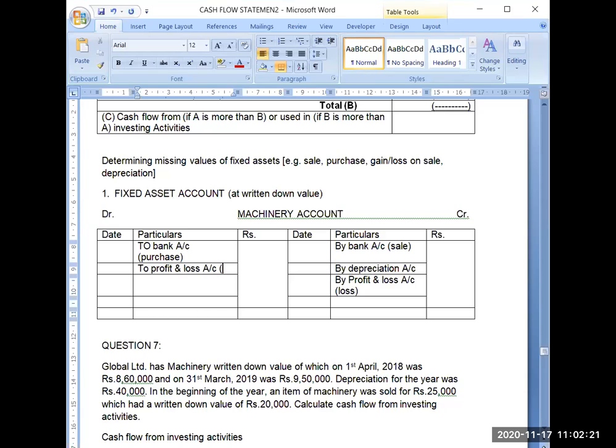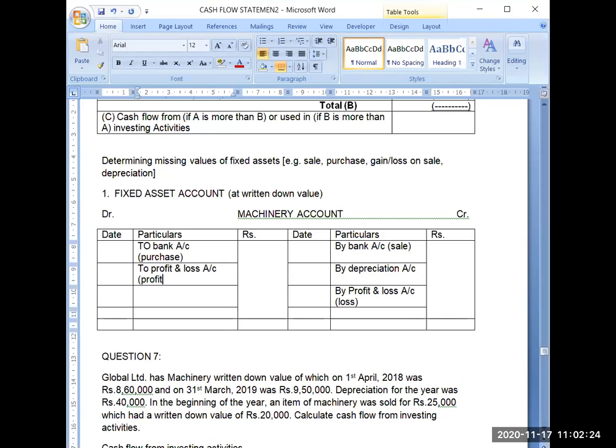This entry will be done for profit. So you should know which entry will be written where and how it will be written.